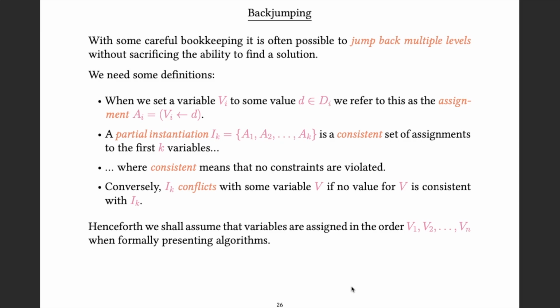The subscript now denotes the ordering in which I assign variables, not the identifying number for the variable itself. Saying I assign v1 first means simply that this is whatever variable I am assigning first. It could be any of the actual variables. And similarly, v2 denotes whichever variable it is that I assign second, and so on.